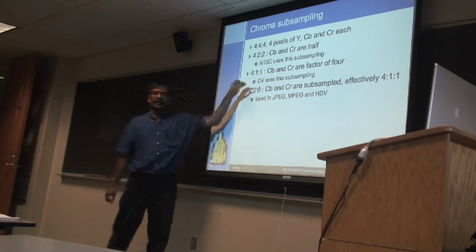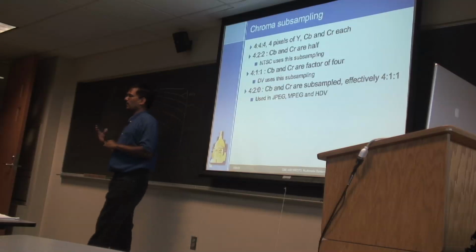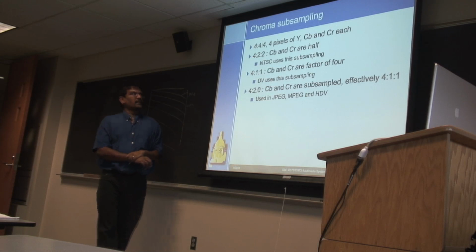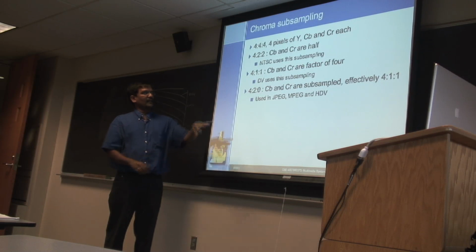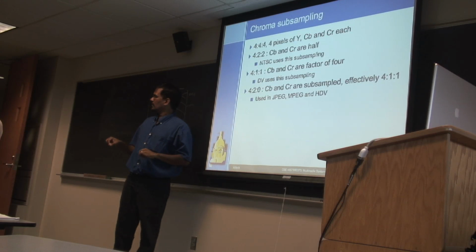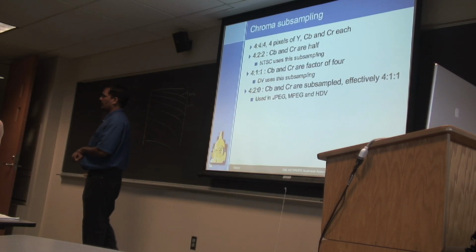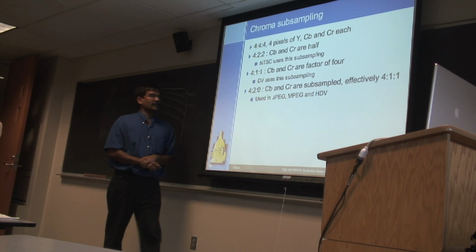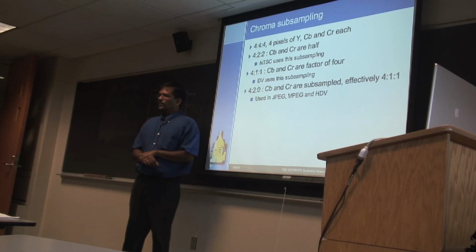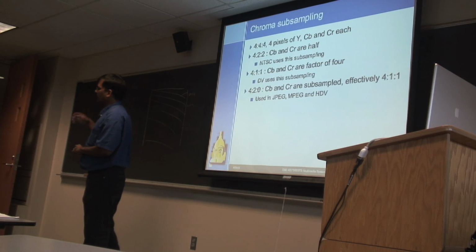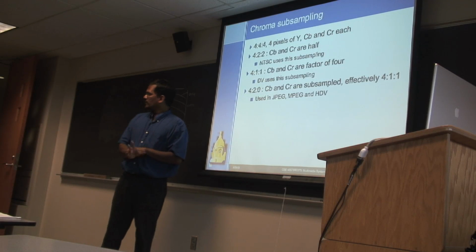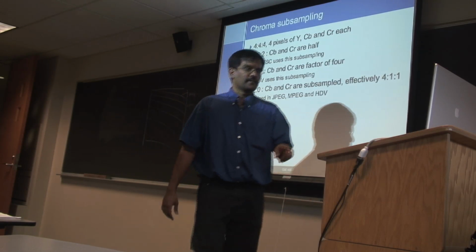And your DV tape uses 4:1:1, so it has half the color information as your NTSC. And JPEG and MPEG and all use the 4:2:0, which is a slightly different variant of that. And your HDV camcorder, the one which is out there, is also doing 4:2:0. So essentially, you drop a lot of color components, and so you get some compression right there.